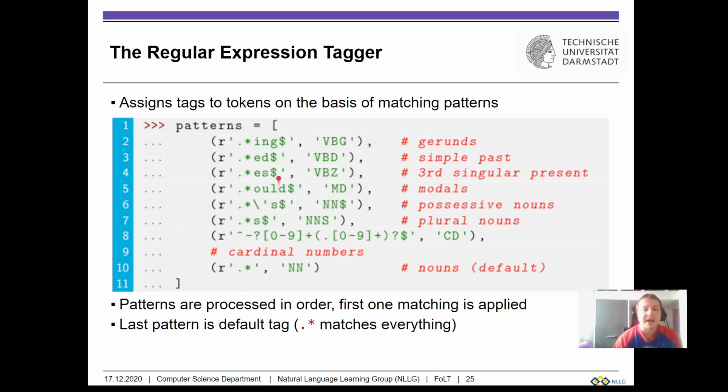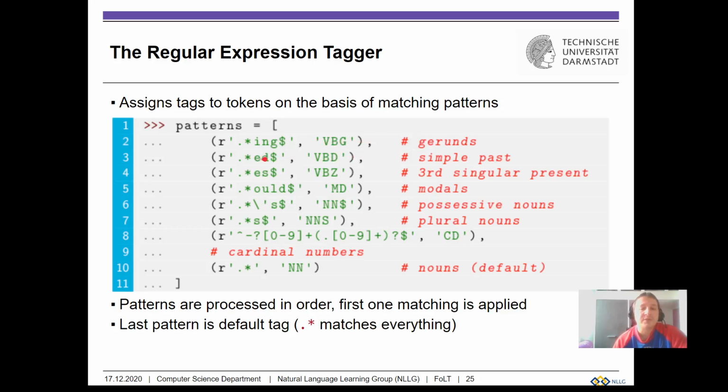So here are your patterns, and who's going to write those patterns? Well, you have to implement them yourself, or you have to ask a linguist, right? You go to a linguist, or maybe you yourself have some intuition, and you come up with those regular expressions from the expert, and then you match them to the text, and if it matches, you assign the word class. So you could say if something ends with ing, I call this a verb and a gerund.